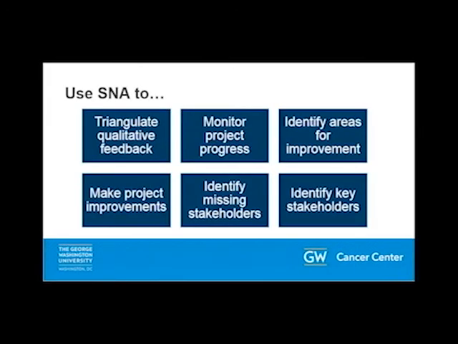So in this way, GW Cancer Center used social network analysis to triangulate qualitative feedback that we received and demonstrate the development of relationships, which may be a priority for your cancer control coalition as well.